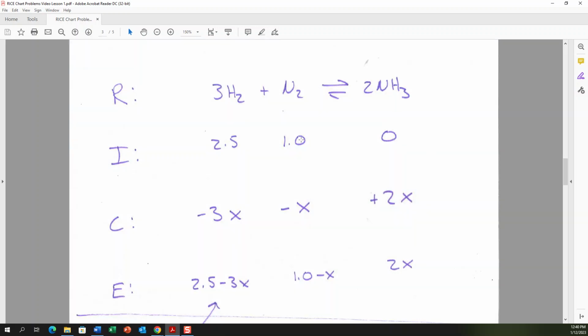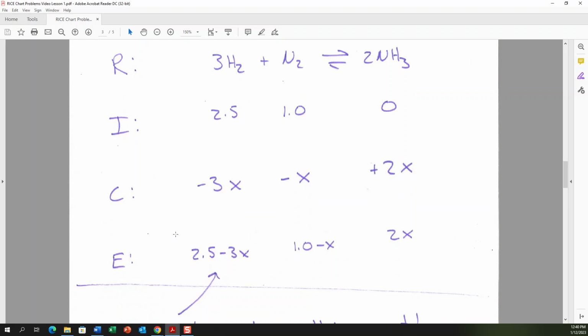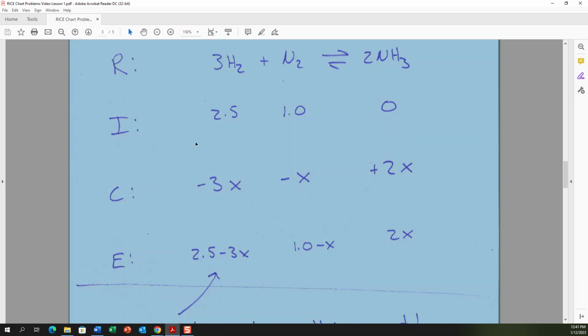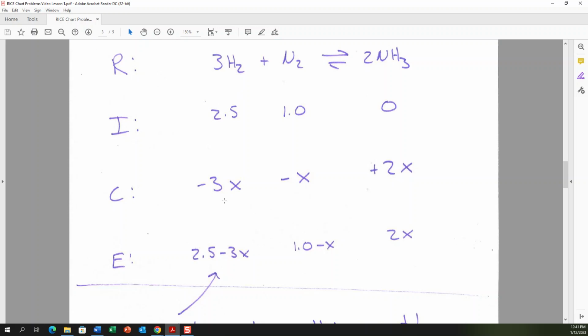And now all you have to do is initial plus the change. So the equilibrium molarity of hydrogen is going to be 2.5 minus 3x. The equilibrium concentration for nitrogen is going to be 1 minus x. And the equilibrium concentration of ammonia is going to be 0 plus 2x, so just 2x.